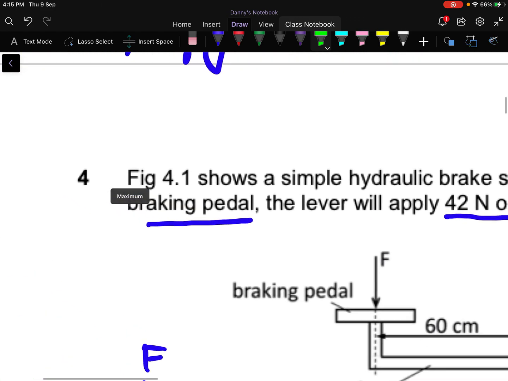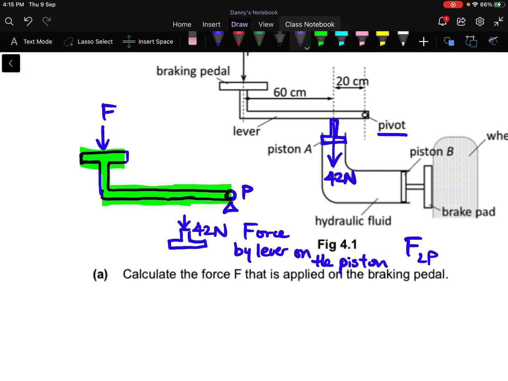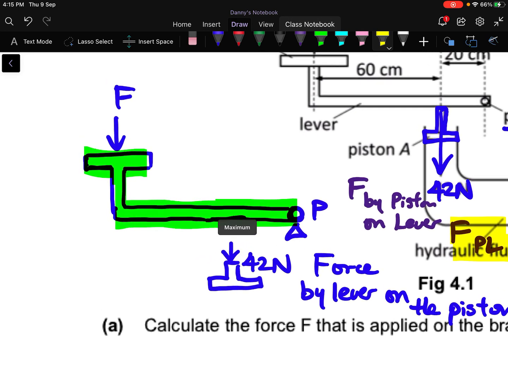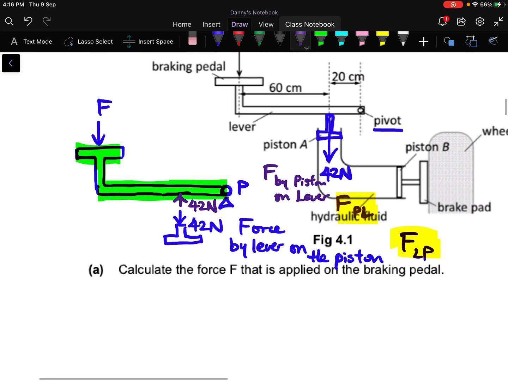For example, this force F is being applied on the pedal, which is the lever. So I need to find the force that is by the piston and on the lever, so I need to find FPL. And as you can see now quite clearly, your FPL and your FLP are an action-reaction pair. So by action-reaction pair, I will know that I will have an exact 42 Newton acting over here. Once I see this, I can now erase this distractor.